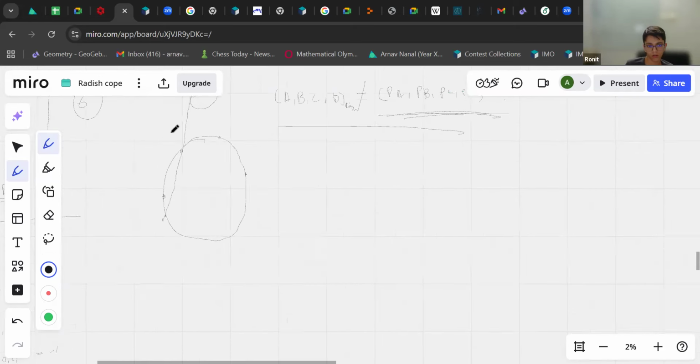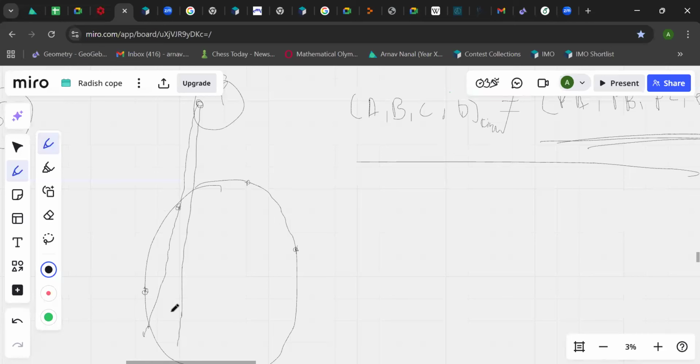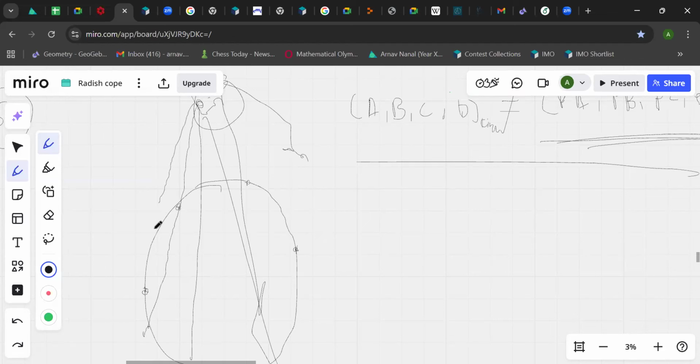Yeah. So okay, I should adjust this one. I'm thinking. Yeah, you have these things. And then you have, oh my God, what is this? Oh my God. Oh my God. Yeah. You have this thing. And you have, let's say, two tangents. I am really sorry with the handwriting and diagrams, but I can't help it.